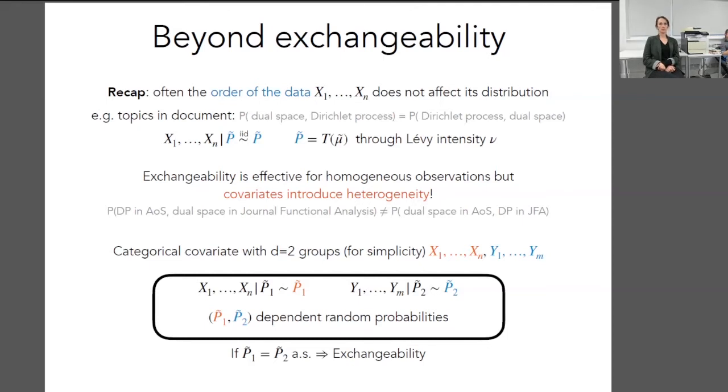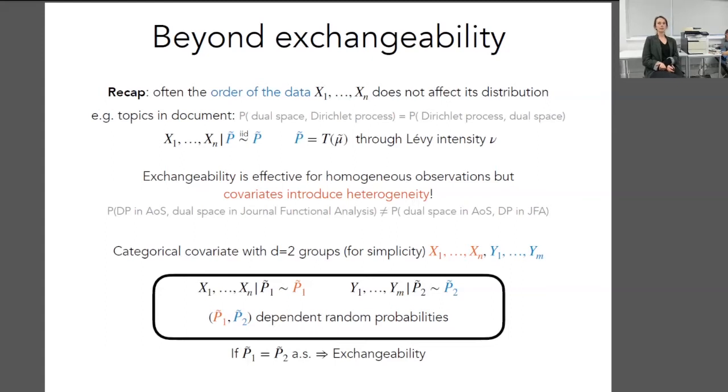We can say that the data in the first group, conditionally on a random probability measure, are IID. Then we take another random probability measure and say that the data in the second group, conditionally on it, are IID. And then we just introduce the dependence between the 2 groups by taking dependent random probability measures.